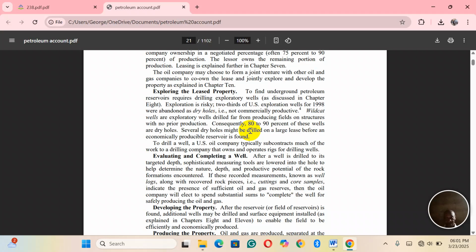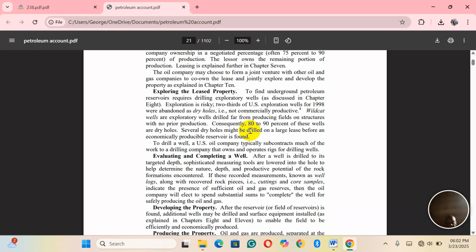Then the oil company will elect to spend a substantial sum to complete the well for safely producing the oil and gas.